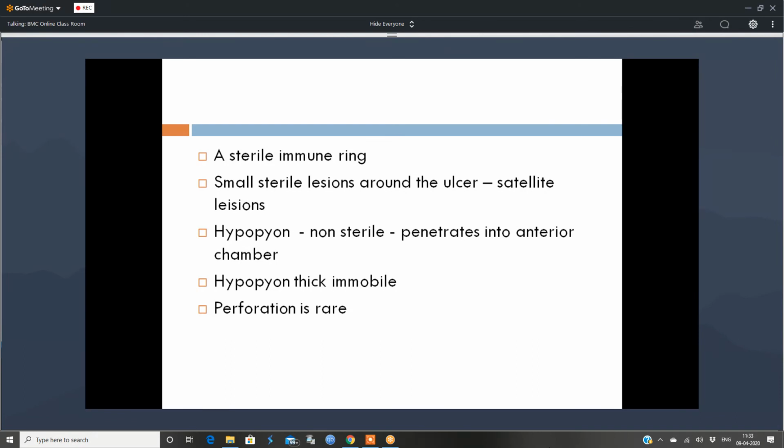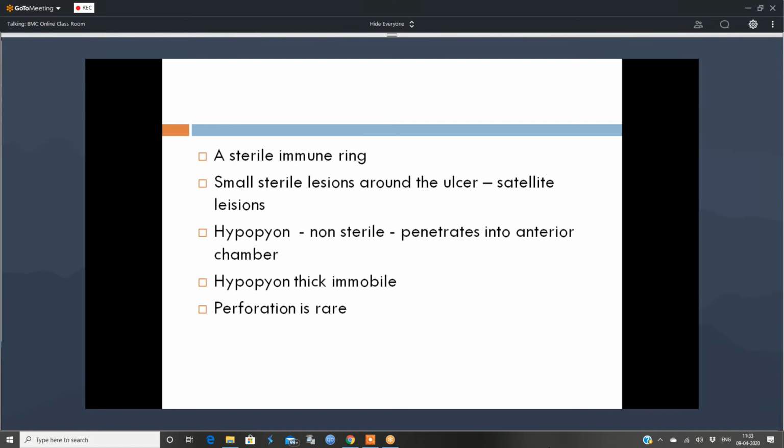Around the ulcerated area, there is a ring consisting of leukocytes, so it is a sterile immune ring. Apart from that, there will be small satellite lesions, that means small lesions around the main ulcer. These are also sterile. There can be hypopyon also.